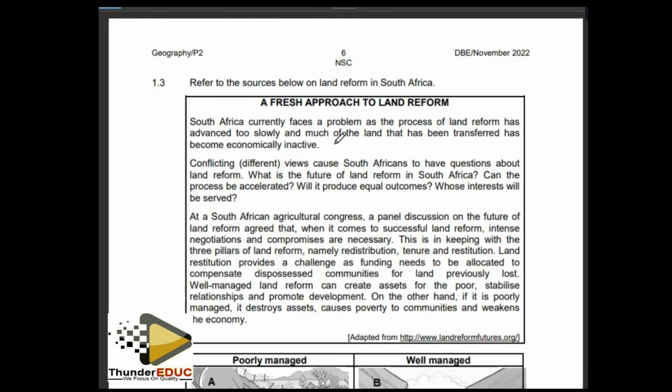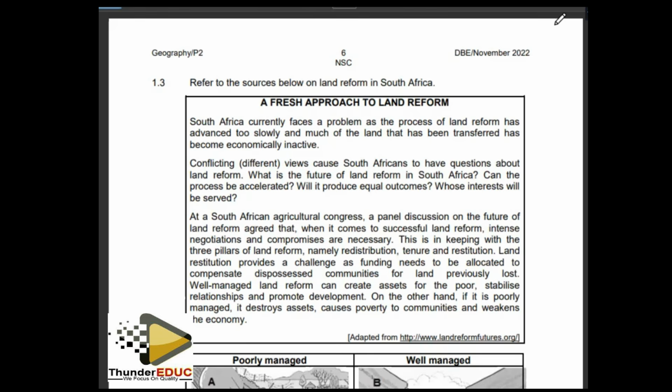At a South African Agriculture Congress, a panel discussion on the future of land reform agreed that when it comes to successful land reform, intense negotiations and compromises are necessary. This is in keeping with the three pillars of land reform, namely redistribution, tenure, and restitution. Land restitution provides a challenge as funding needs to be allocated to compensate dispossessed communities for land previously lost.